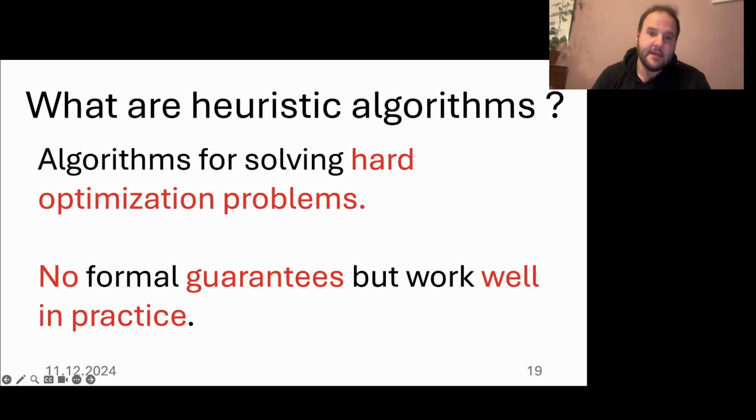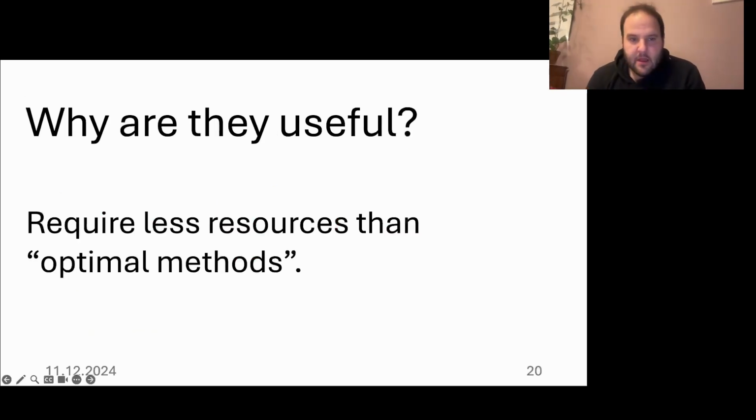We sacrifice optimality guarantees and obtain more efficient algorithms in practice. That's why they are useful: they require fewer resources, less compute time, less memory or storage than optimal methods, and still deliver reasonable solutions.